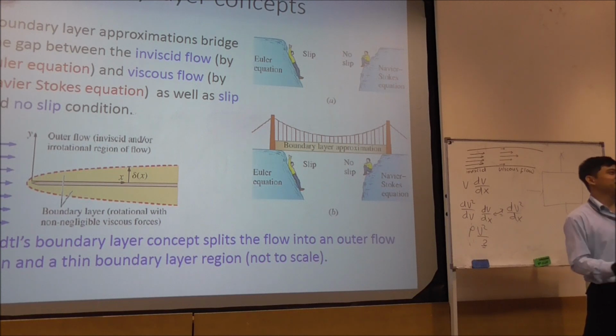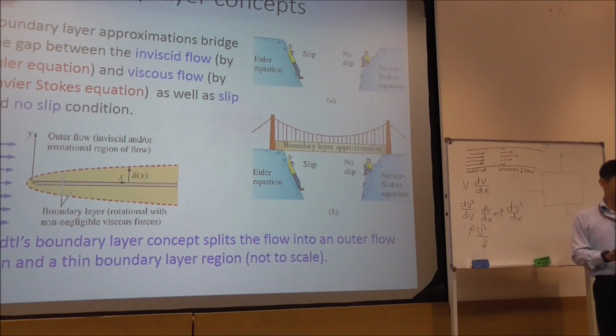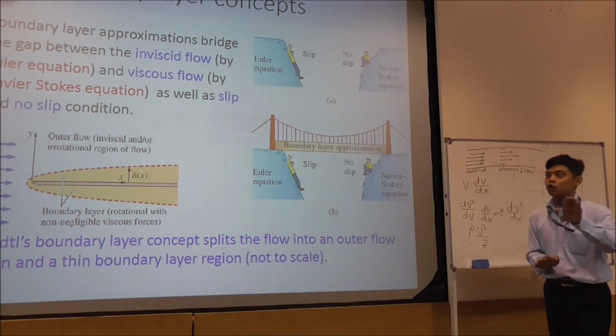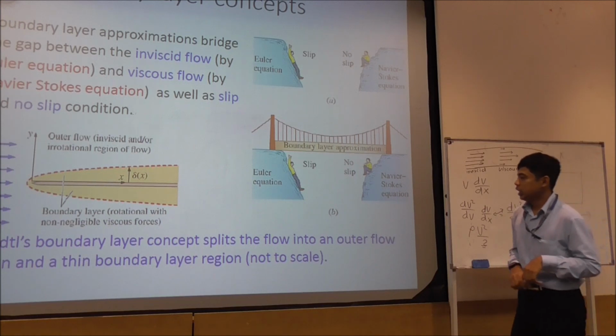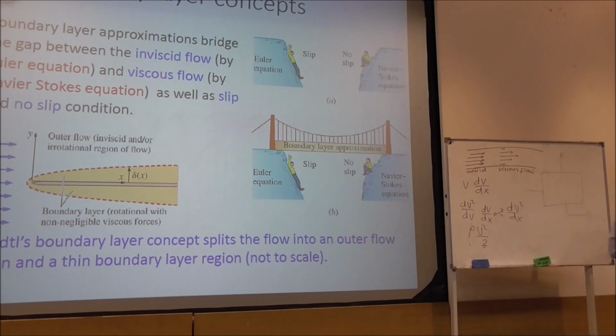You don't like it, right? So you want to combine the good thing: the simplicity of the Euler equation with the accuracy of the Navier-Stokes equation. So that's all about the boundary layer concept.